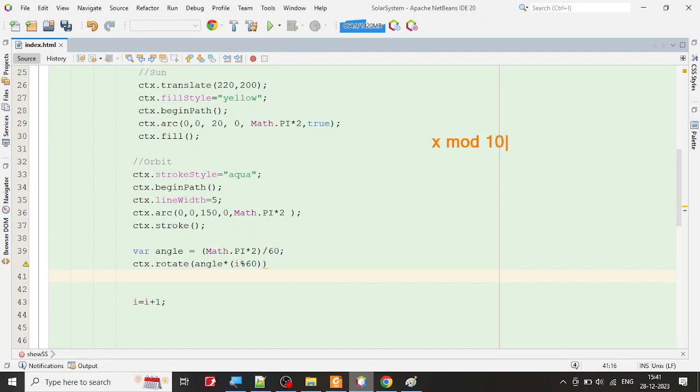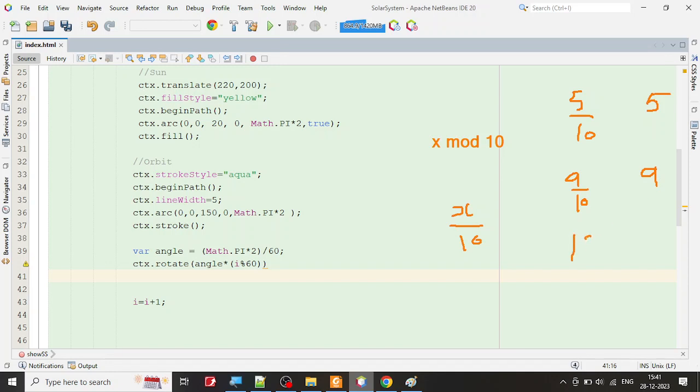If you have a value x divided by 10, what is the remainder that you get? Suppose x value is 5 divided by 10, 10 cannot divide 5, so the remainder will be 5 itself. If x value is 9 divided by 10, what is the remainder? 10 cannot divide 9, so the remainder is 9 itself.